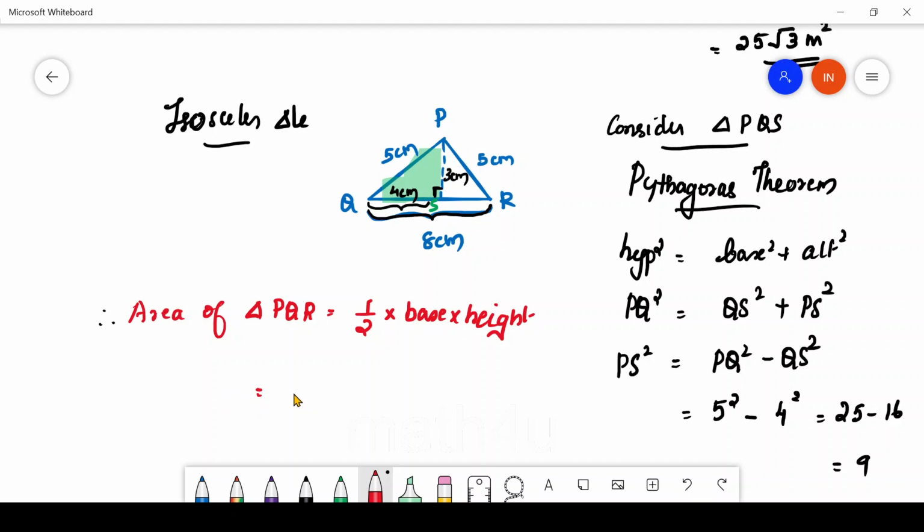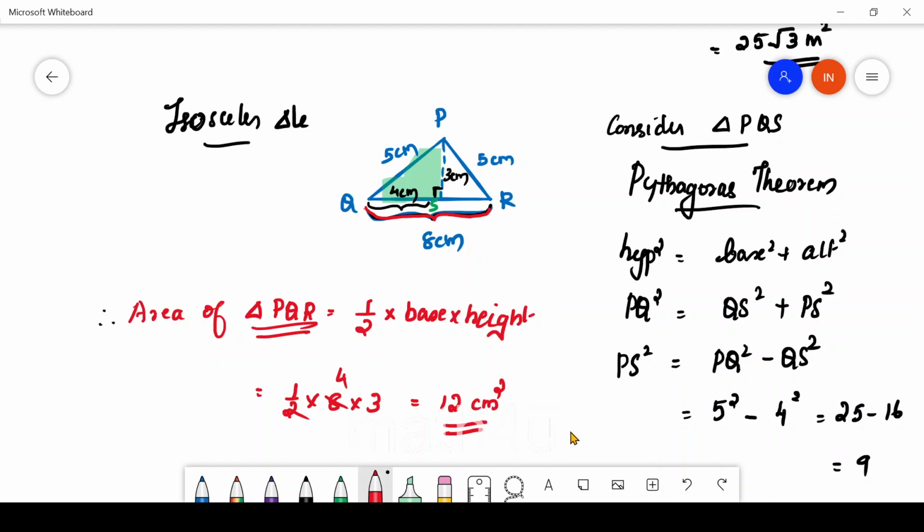Considering the whole triangle PQR, the base is 8 into height 3. So this 2 you can cancel and you will get the area as 12 centimeter square. Is it clear?